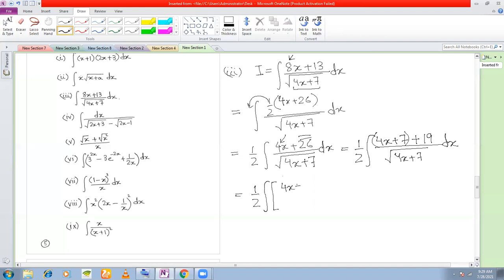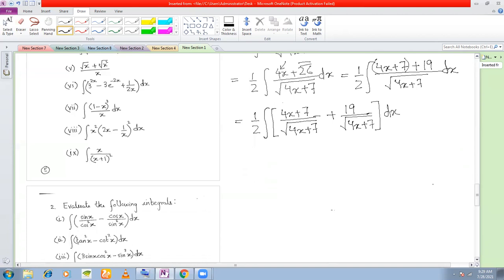Which is equal to half integral (4x plus 7) divided by, you separate now, (4x plus 7) plus 19 divided by root 4x plus 7 dx. So now what does this become? Half integration.